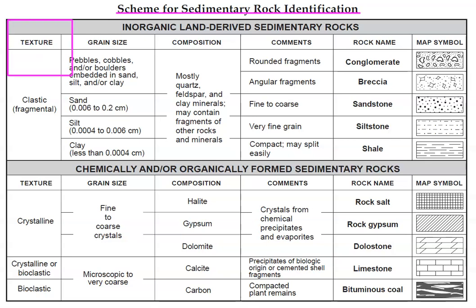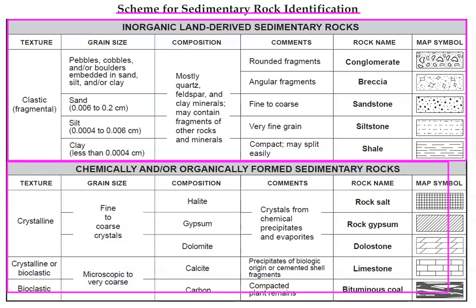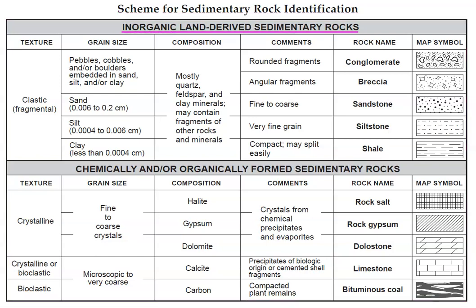this diagram. There's the upper part, which has this label inorganic land-derived sedimentary rocks, and a lower table which is the chemically and/or organically formed sedimentary rocks. The primary difference between them is their method of formation.